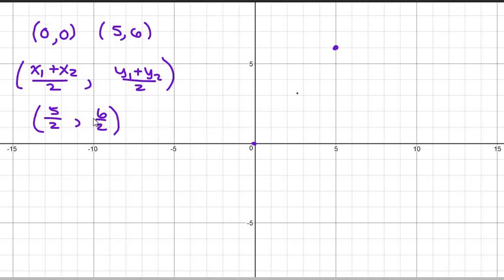So 5 over 2 and 6 over 2. So whatever that is, it's going to be right here. Half of 5, half of 6 is 3. So we know we're going up 3 units. So 1, 2, 3. I got close to that line, didn't I? And then x is going to be 2 point something. I think I'm pretty close right there.